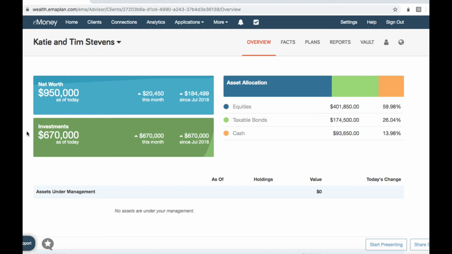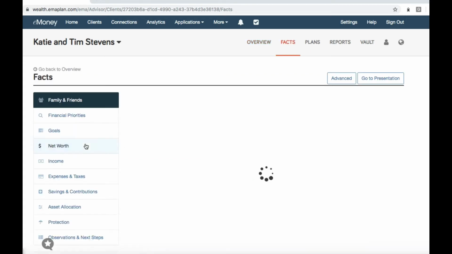It could be you're holding money at Vanguard or Fidelity or Merrill Lynch or Edward Jones or wherever. So that could be your brokerage account. That could be your IRA accounts. And you can see with the allocation here, Katie and Tim Stevens has a little over $401,000 in equities. They've got some taxable bonds and they've got some cash. So as we move forward, we're going to look at the facts.